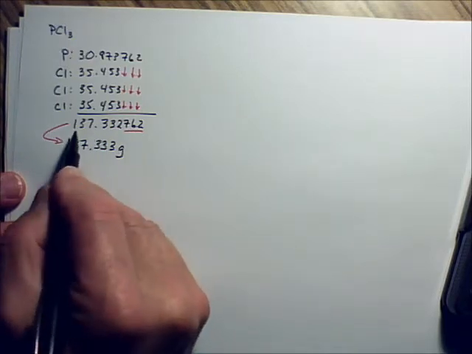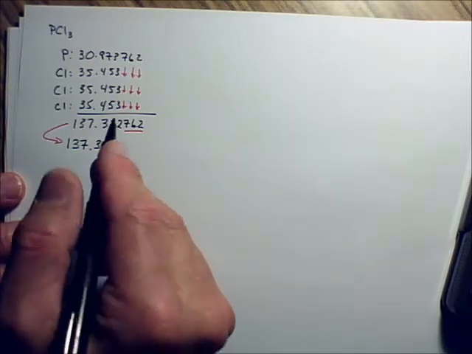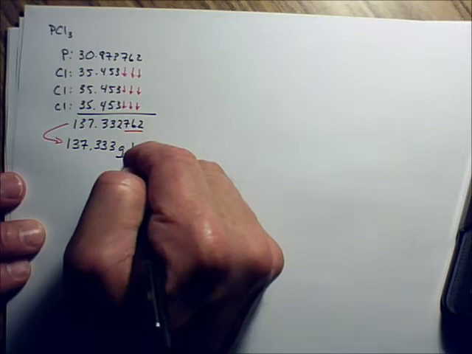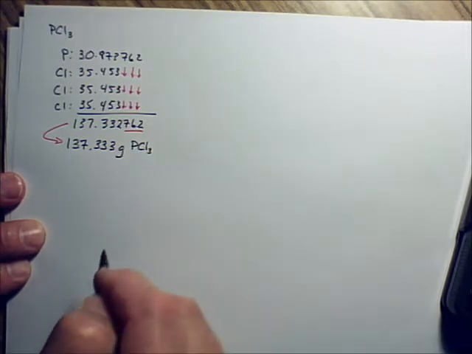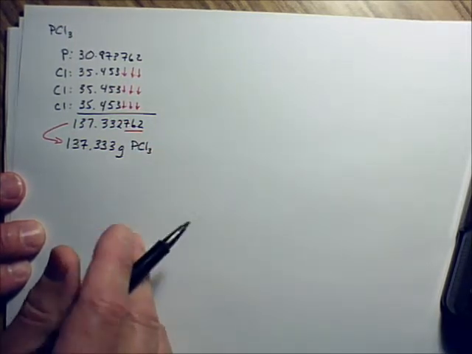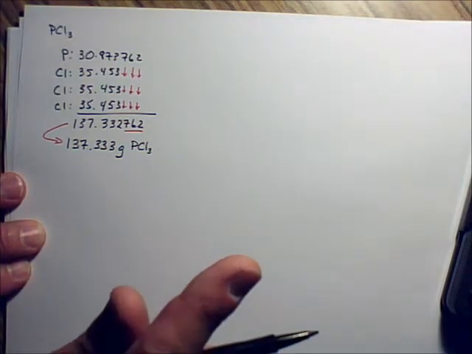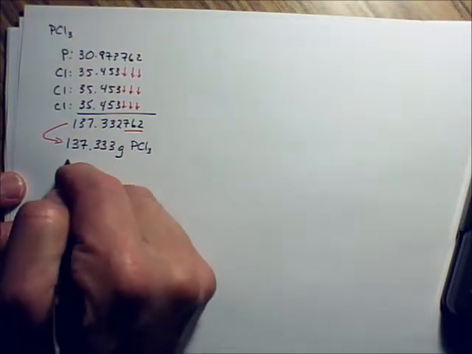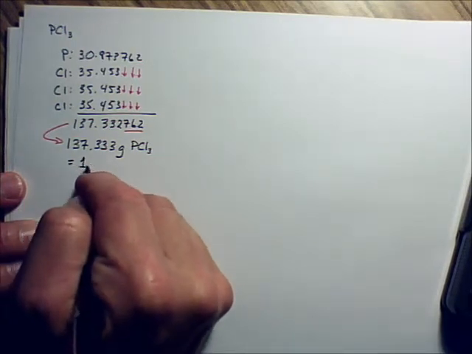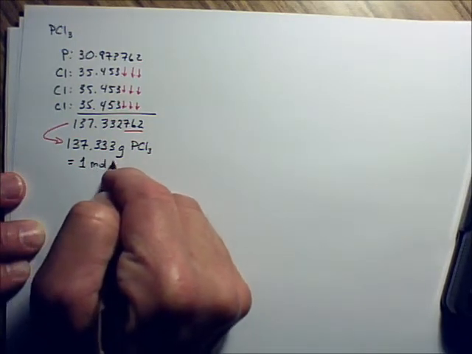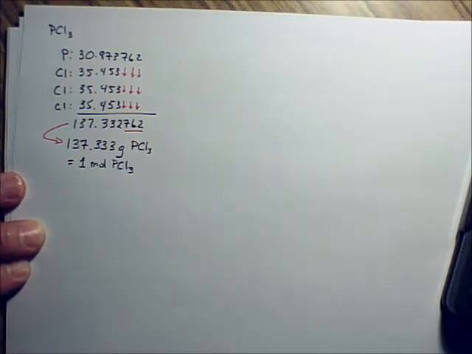That doesn't have a lot of meaning to us unless we tell what it applies to. We're going to write PCl3 because that's what it applies to. And in this class, always, everybody listening? Always, you're going to write that this equals 1 mole of that species.